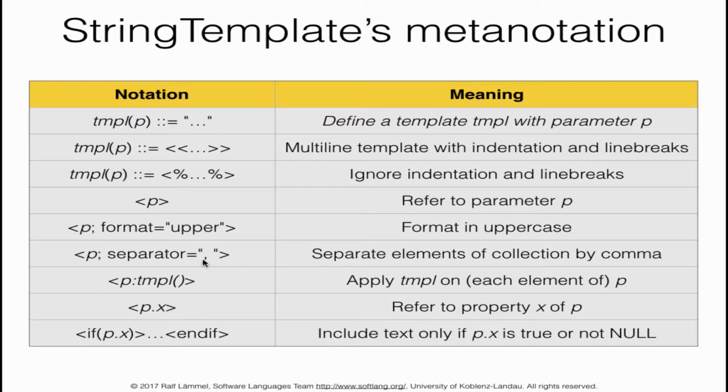In this case, we want them to be separated by comma. We may invoke other templates from within a template. So in this case, we say we want to invoke template temple on the parameter p. We may also project parameters to some properties or fields, and we may also use conditionals within templates.